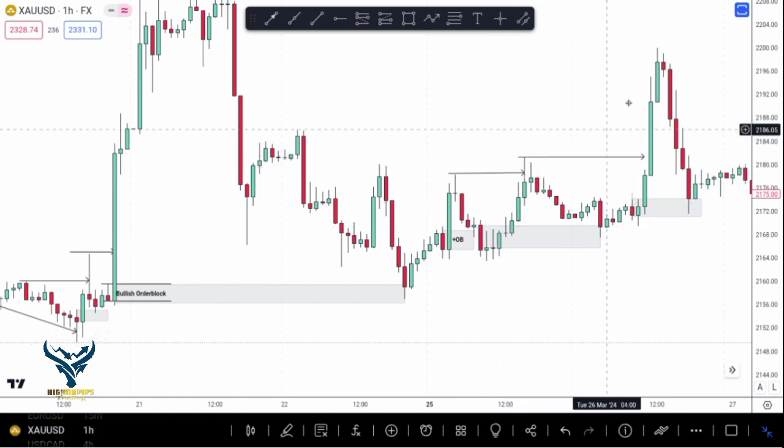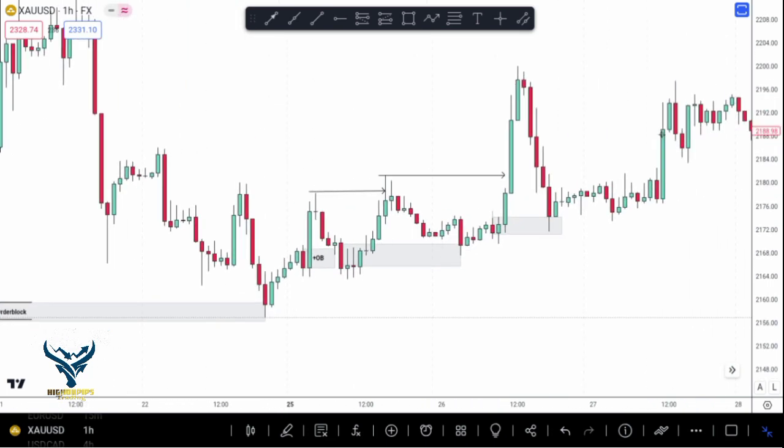Came down, up, down, up. So I hope this is clear that when the market is going up, it always finds support like this. It always finds supports on order blocks.